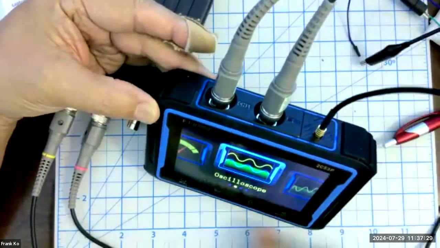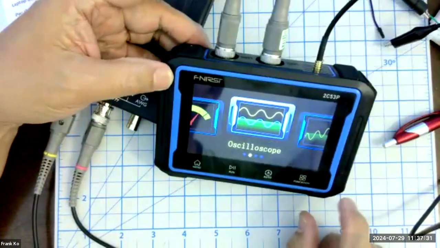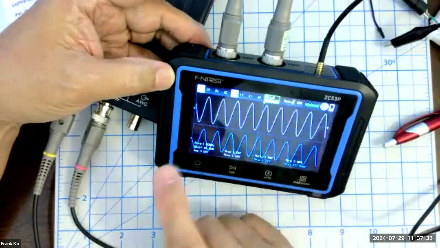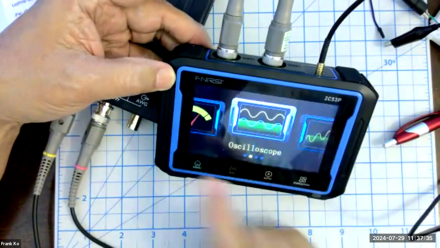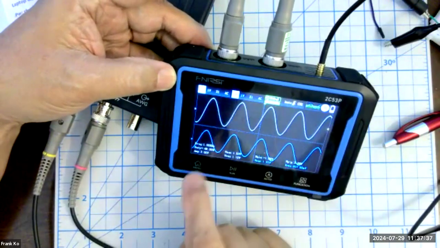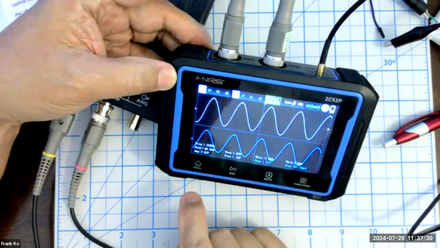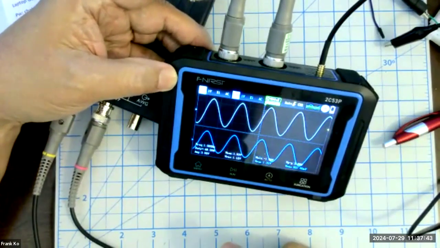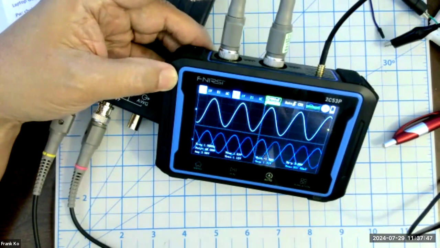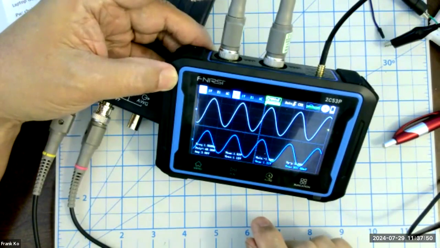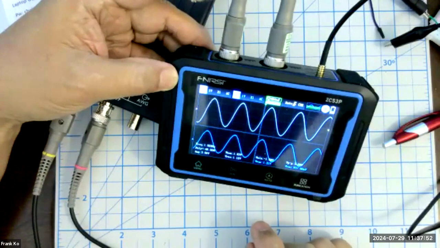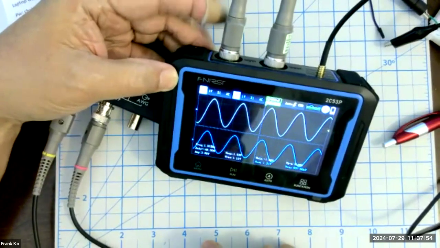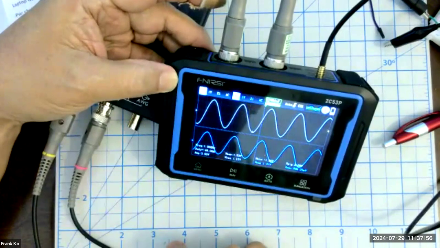All right, once it clicks, it reads the waveform right away, which is great. All right, so it allows us to read channel 1 and also channel 2 information. The channel 1 information is my signal source, and that is coming in through here.